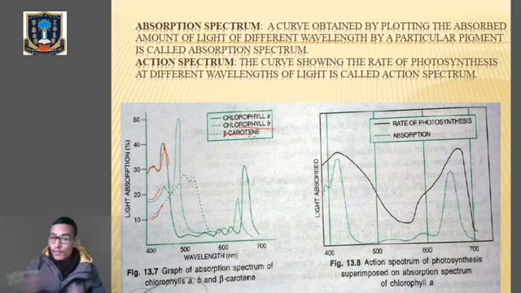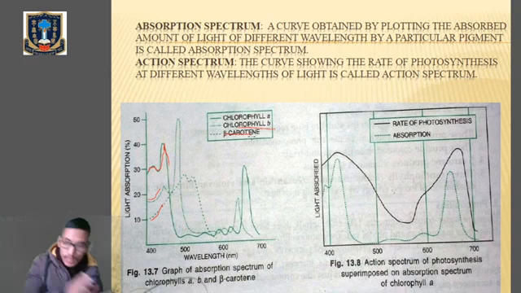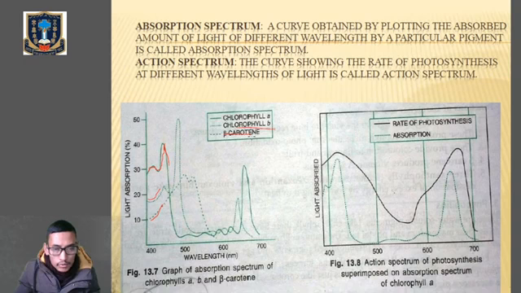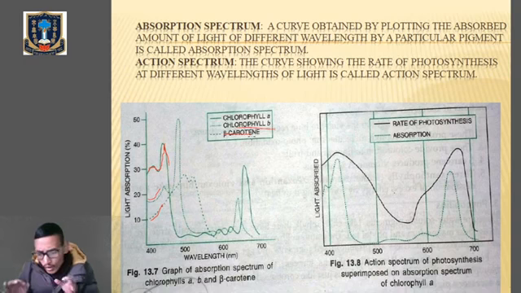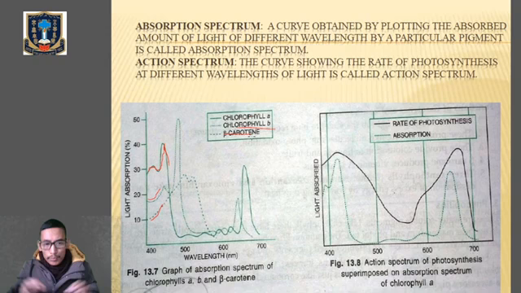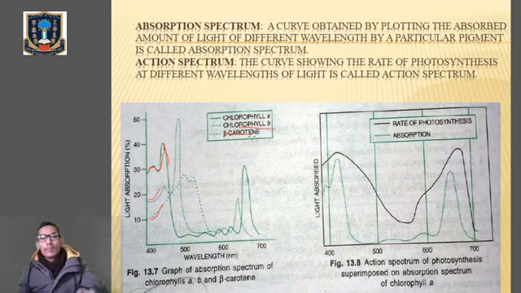Don't get confused between the absorption spectrum and the action spectrum. The absorption spectrum simply shows the curve of the wavelengths of light absorbed by the different pigments. When we plot the wavelength of light absorbed by the pigments of photosynthesis, that is called the absorption spectrum.